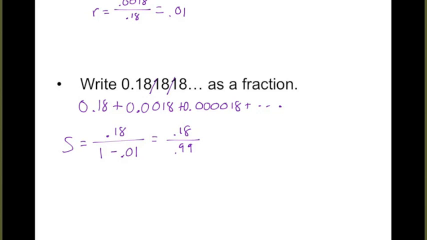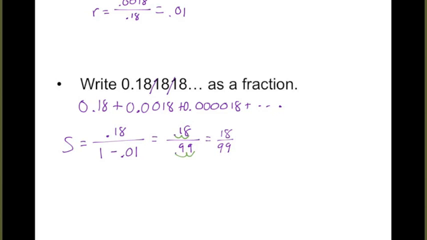And I kind of alluded to this on our very first example, but the easiest way to get rid of the decimals in this problem is just think about how many times do I need to move them. So on the top, I would need to move it twice. On the bottom, I would move it twice as well. And so this thing can just turn into, with no decimals, 18 over 99.